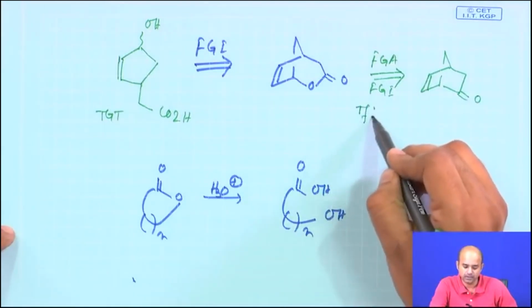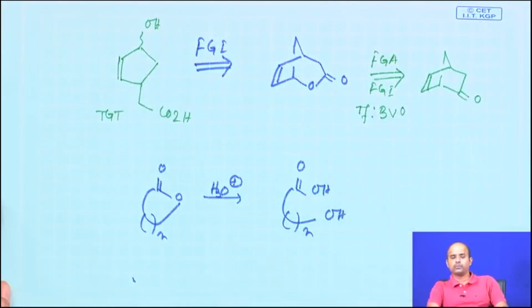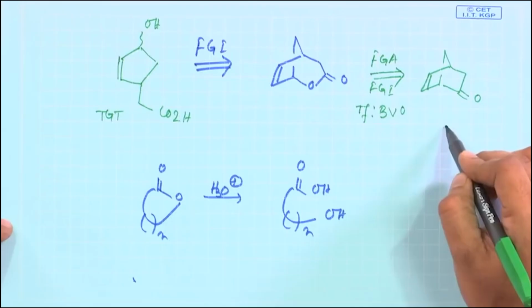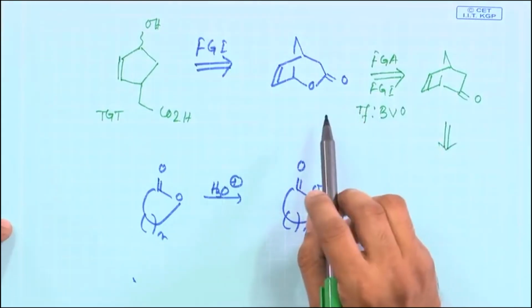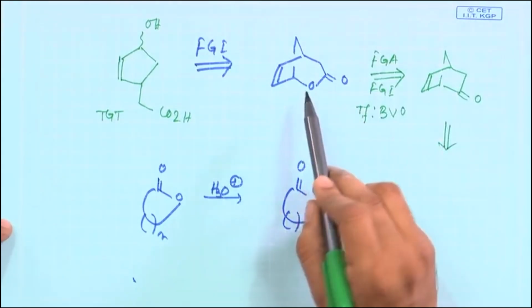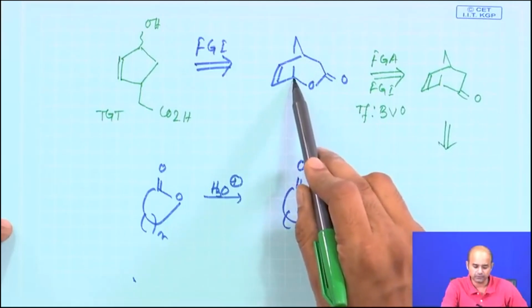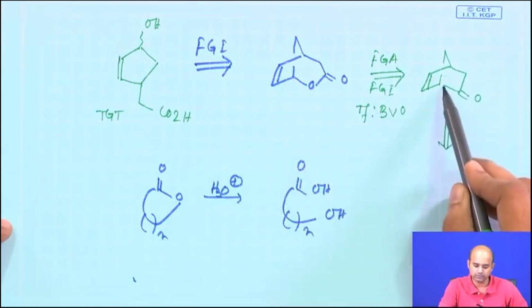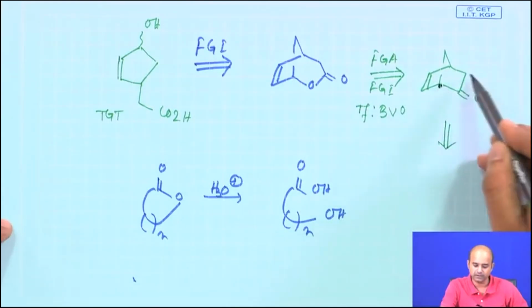The Baeyer-Villiger oxidation is a strategically very useful reaction where a migration towards an electron deficient oxygen takes place, and the more substituted carbon migrates. Here, both carbons are similar, only this one is more substituted than this: this is secondary and this is primary.